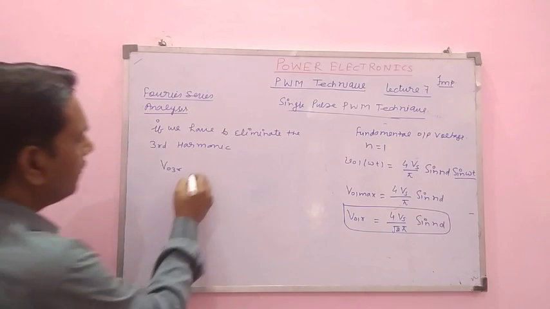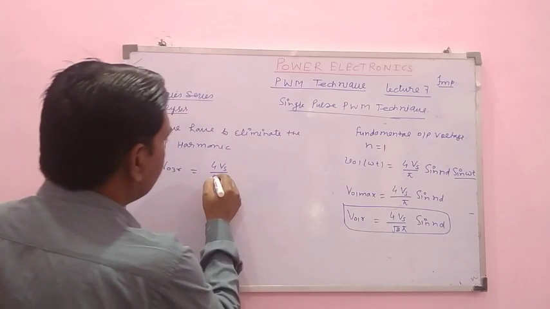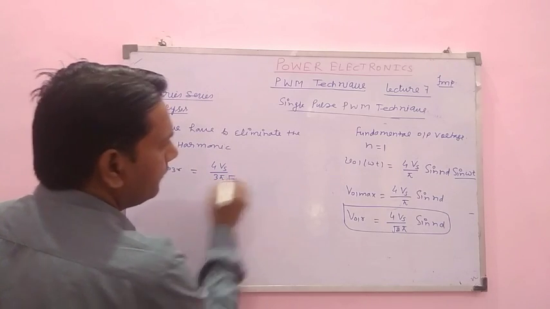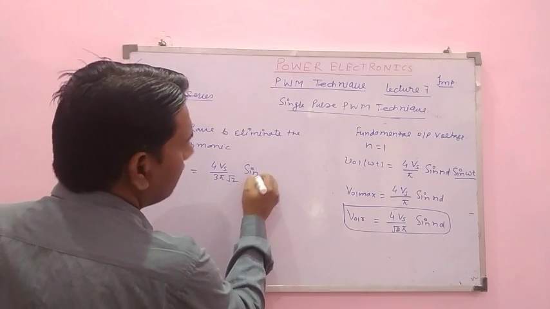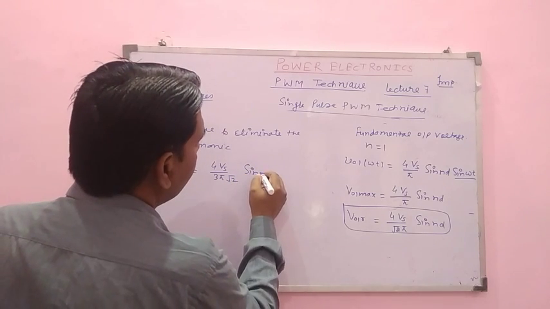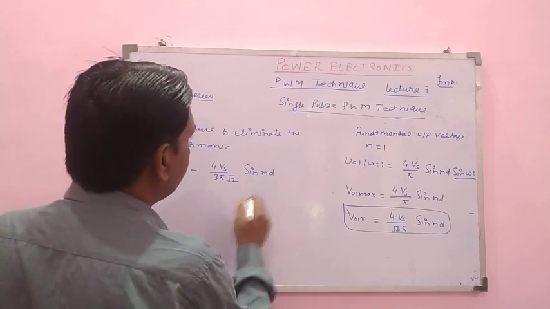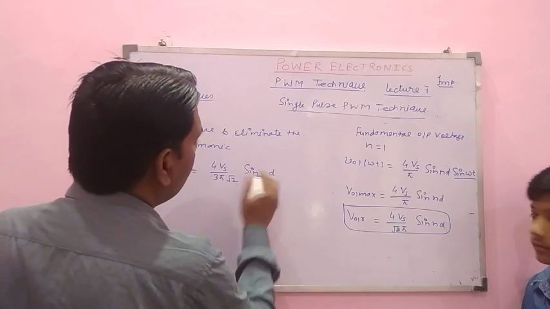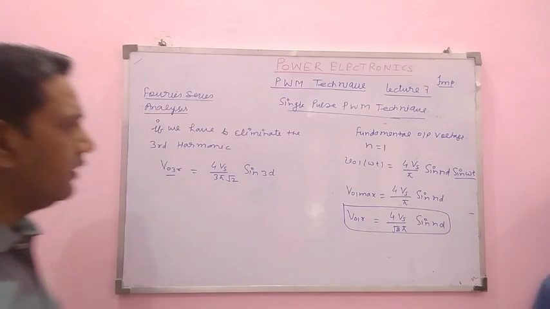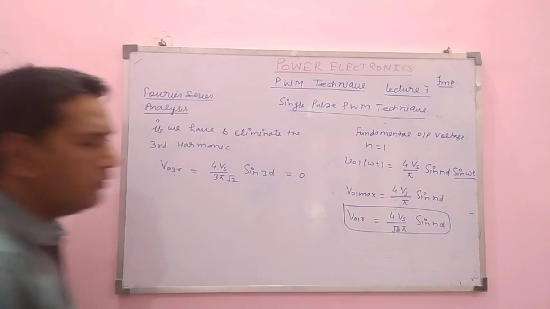So the RMS value of the third harmonic will be equal to 4 Vs upon 3 pi root 2 sin n d, and here for the third harmonic n will be equal to 3, so it is sin 3d. This value we have to eliminate, which means it should be 0.